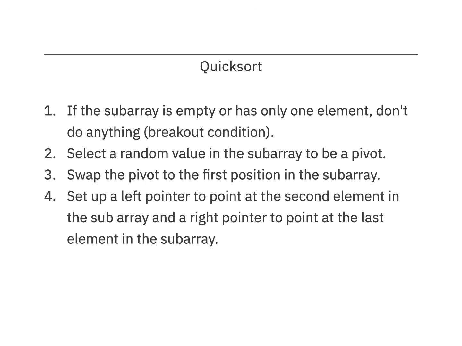Otherwise, we'll start by randomly selecting an element in the subarray to be our pivot. We'll then swap this element to the first position in the subarray to move it out of the way, and then set up 2 indices to point at the second and last elements in the array. Let's call the index that points at the second element the left pointer, and the index that points at the last element the right pointer.